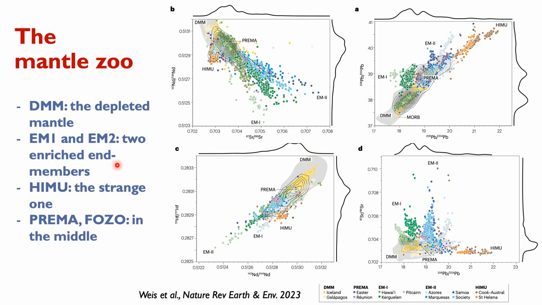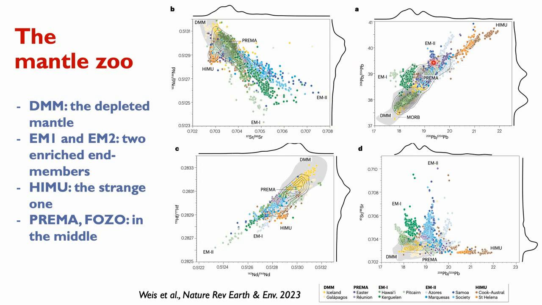The second part of the mantle zoo is the 2 enriched components, enriched mantle EM 1 and 2, which are both enriched, and they're shown here with the greenish and the bluish color. It's enriched because it has high strontium isotopes. That's basically the explanation for the name.